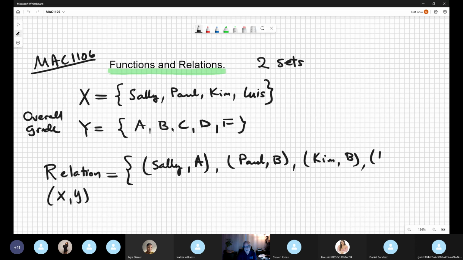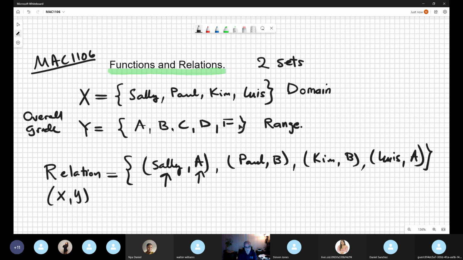And Luis gets A. So now the relation is formed by the ordered pairs. You have two components. The first component belongs to the first set, which I call the domain. And the second component in the relation is the element that belongs to the range.